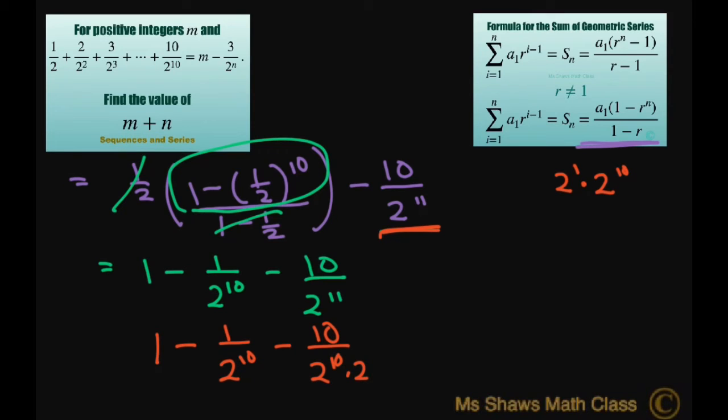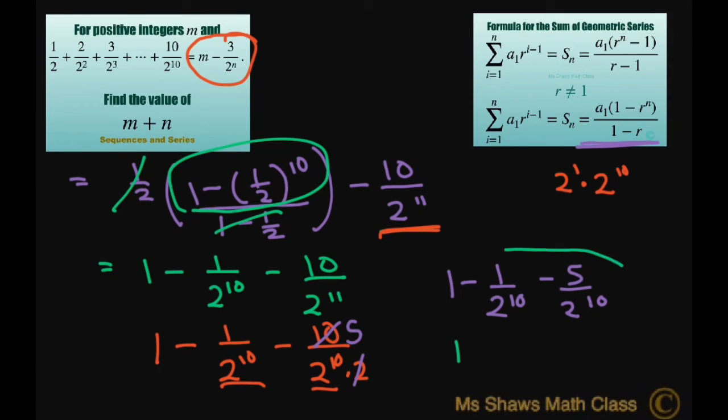The reason I want these the same again is I'm trying to make it look like this. All right, so 2 goes into 10 5 times. So now we have 1 minus 1 divided by 2 to the power of 10 minus 5 divided by 2 to the power of 10. And this equals 1, there's minus 6 of those. So it's 1 minus 6 divided by 2 to the power of 10.